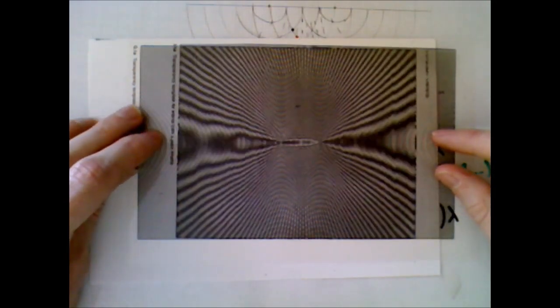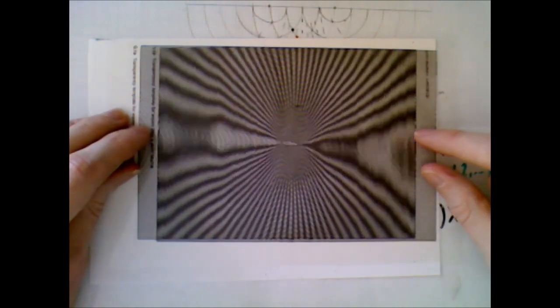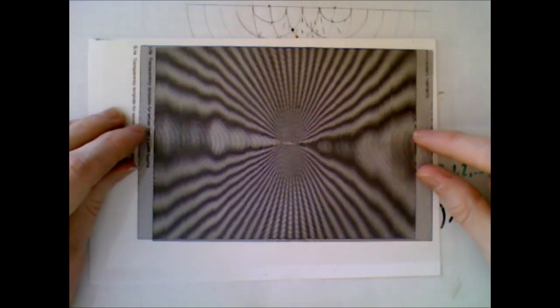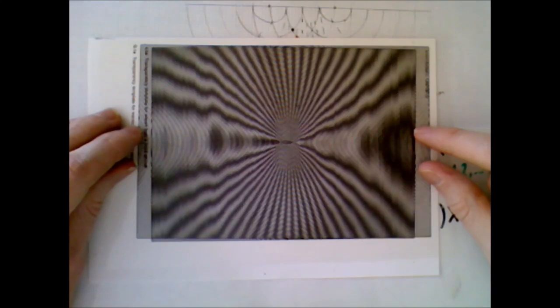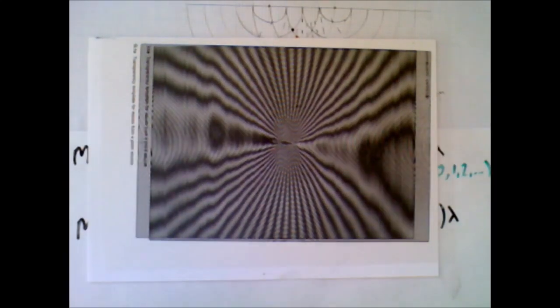Instead of sitting here playing with these all day, let's look at some real-life applications of this. Like I mentioned before, you could see this with water. If we were in school, I'd probably show you the ripple tank, where you've got 2 sources and you can see these patterns a bit like on the screen here, but with water.